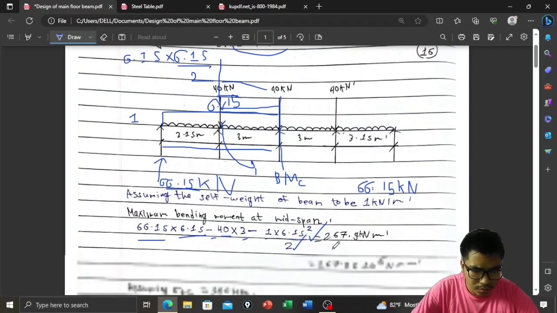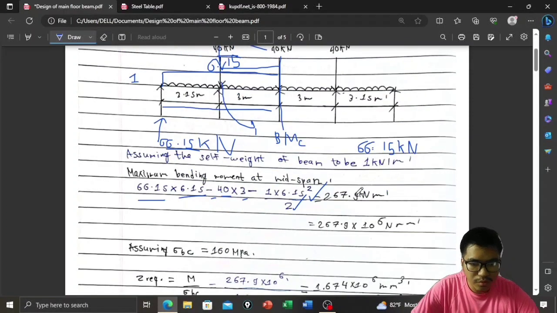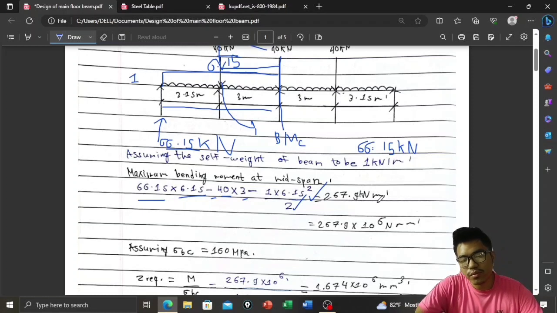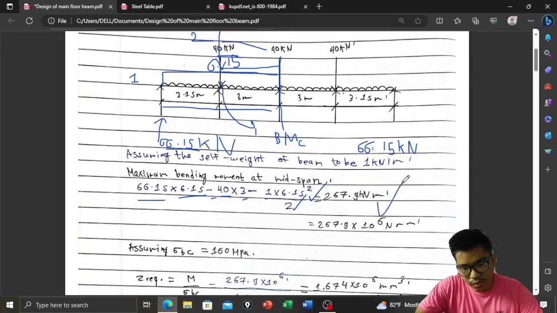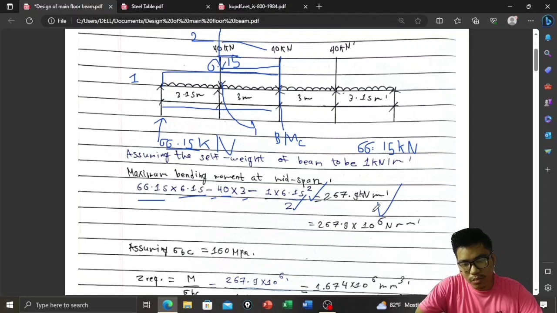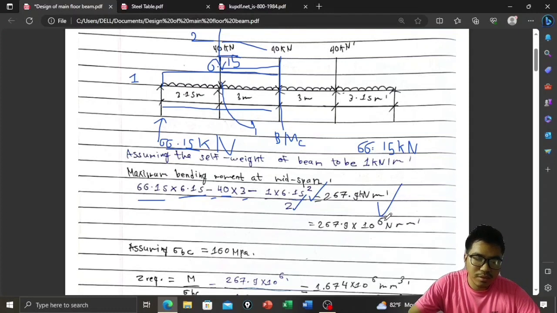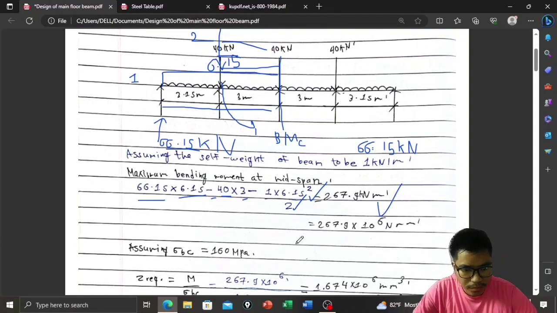So the maximum bending moment at mid-span will be 267.9 kilonewton meter. To convert kilonewton into Newton, we multiply by 1000, that is 10 power 3, and to convert meter into millimeter, we multiply by 1000, so that is 10 power 3, so 10 power 6 in total.